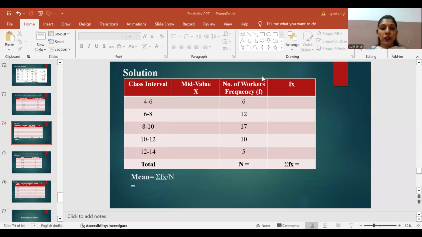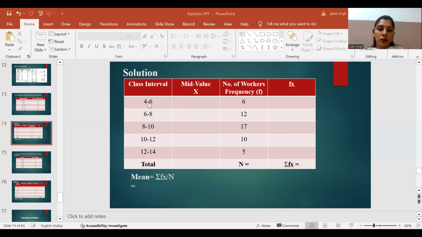Now we will solve this question. The wages are our class interval, which is already given in this question. Where a class interval is given, that is a question of continuous series. As I have told you earlier, first of all we have to identify which type of series is given in the question. This is a continuous series, as there is a class interval given.